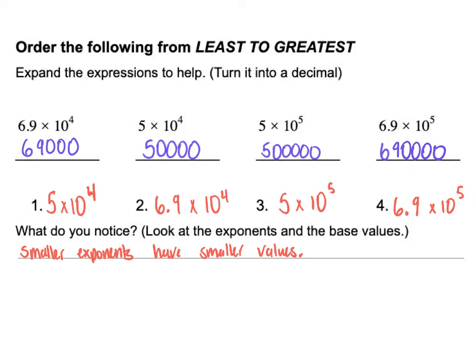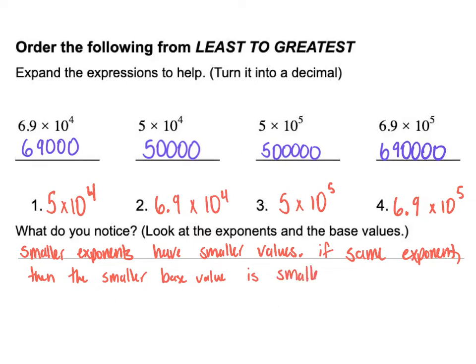Alright, but what if we have the same exponent? It's like a 4 and a 4. Well, if you have the same exponent, then the smaller base value is smaller.